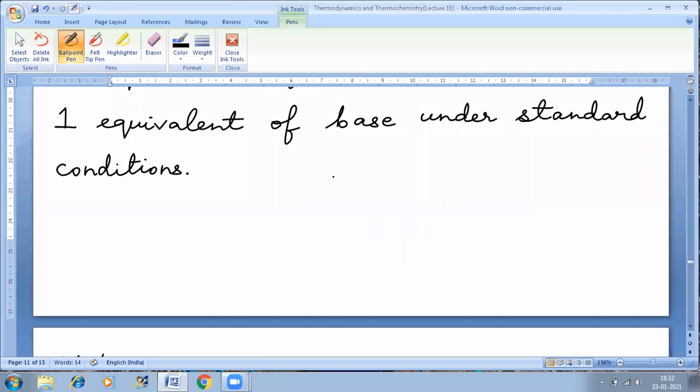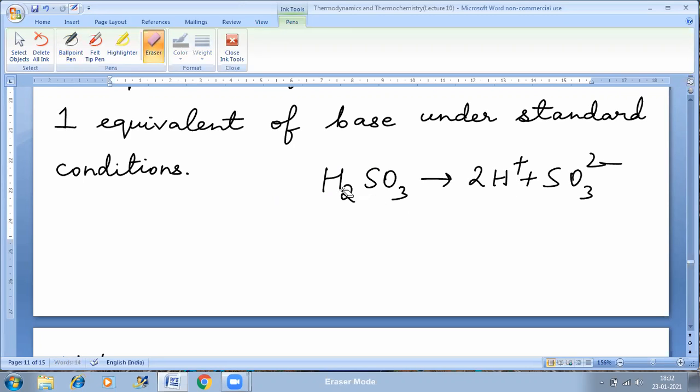All right. What is the n factor of this? 2. Again 2, because I can write this in this manner, right? तो n factor एसिड का ऐसे निकाला जाता है.